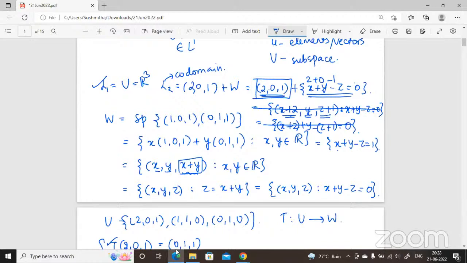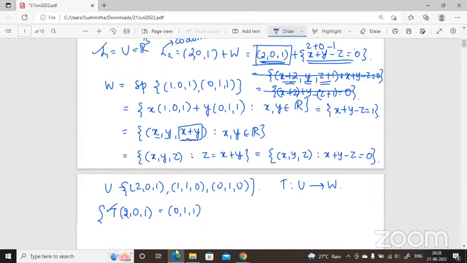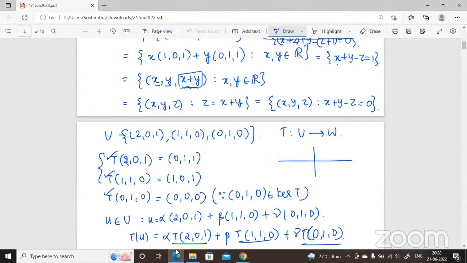See, ma'am, this is the base. I have got till L2 is equal to (2, 0, 1) plus W. Till this point I am clear. So you have W is equal to something. It's two-dimensional, but I'm just drawing a line. So for us, we have a subspace like this. We want to find what is the equation of this line, right?